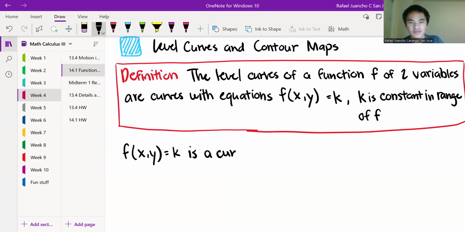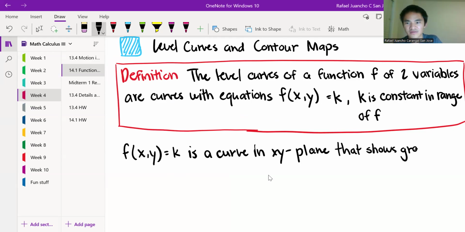So it's some curve that we can see in the xy plane. And it shows where the graph of f is at height k. That shows the graph or visual of f at height k.